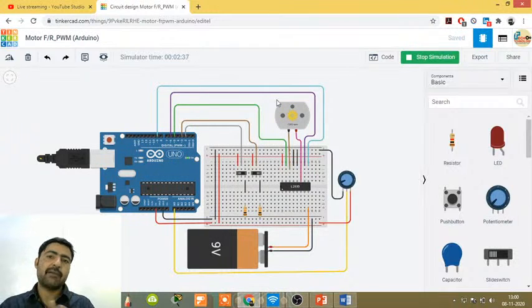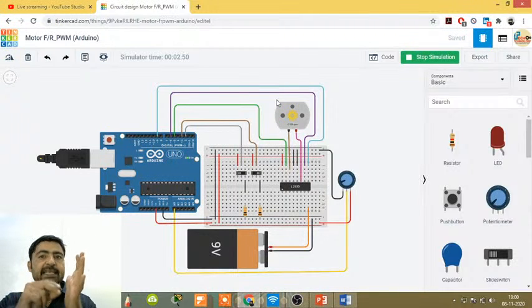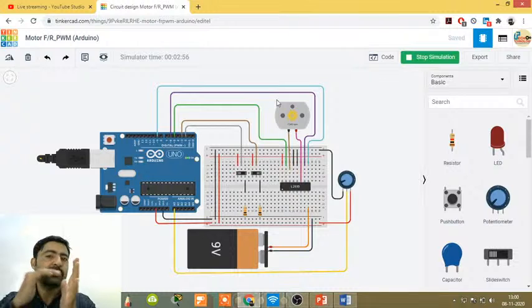Let's say you have a fan and you want to adjust the speed with the help of a regulator or potentiometer. Then what we are doing is sending variable potential. So we are giving 0 volt, 1 volt, 2 volt, 3 volt, 5 volt. Let's say maximum is 5 volt. So what are we getting at the analog input? We are getting variable potential or variable value.